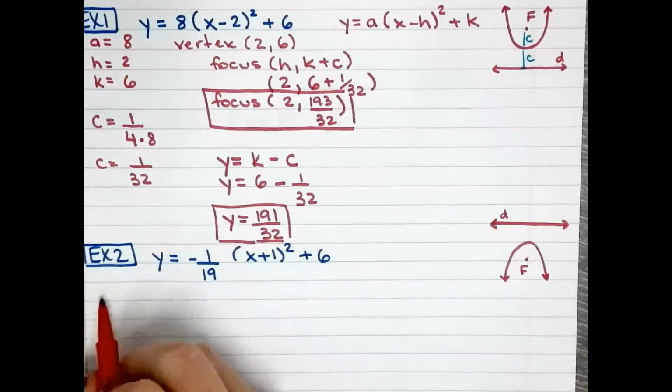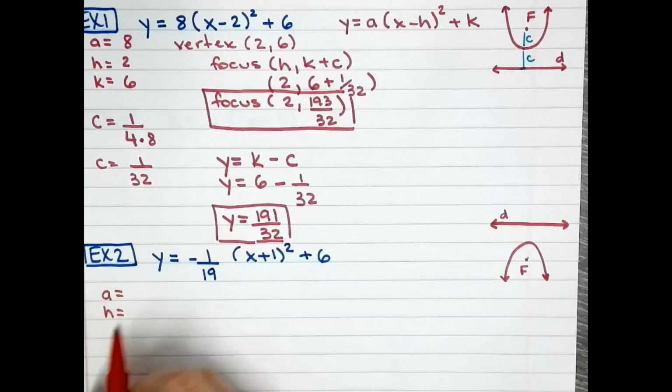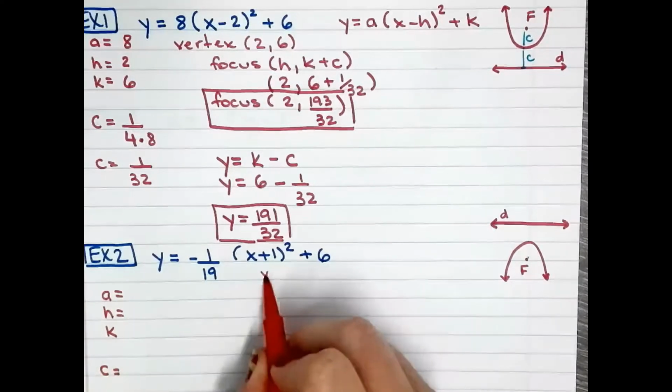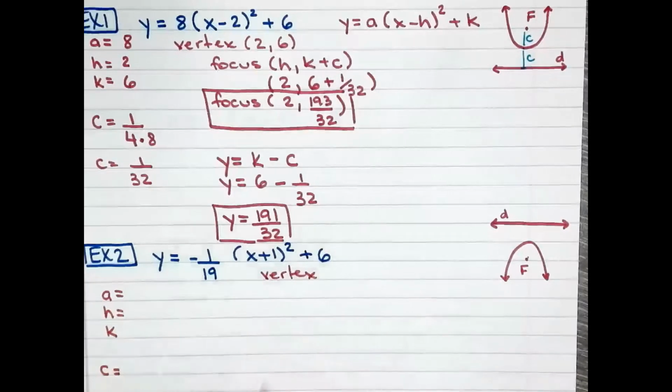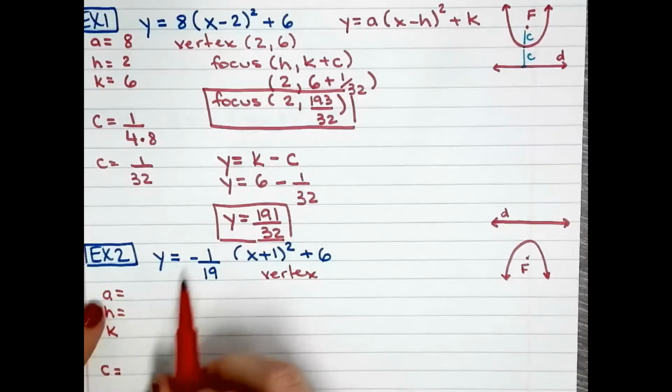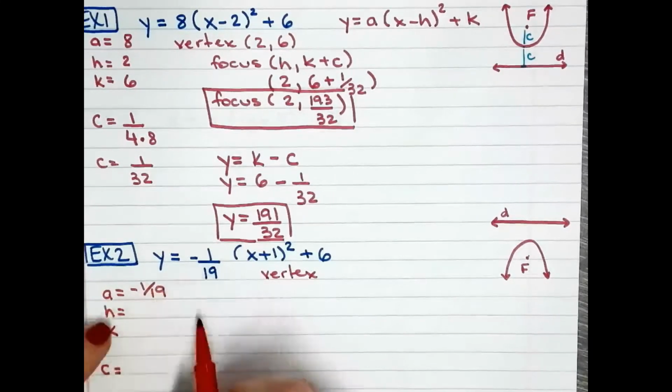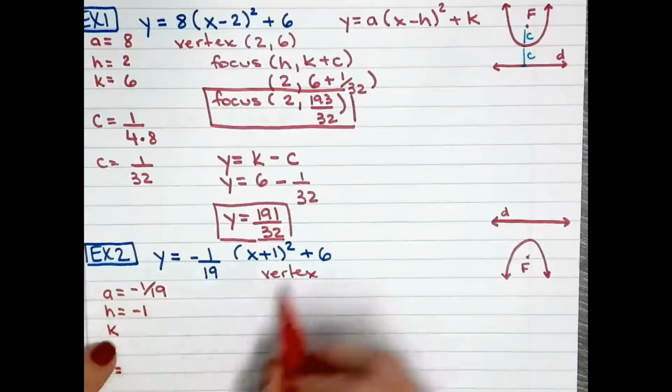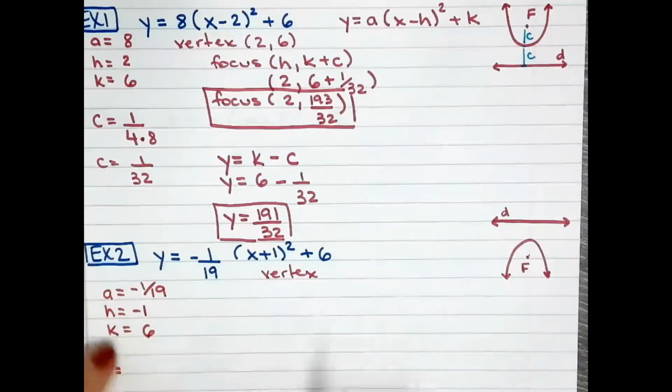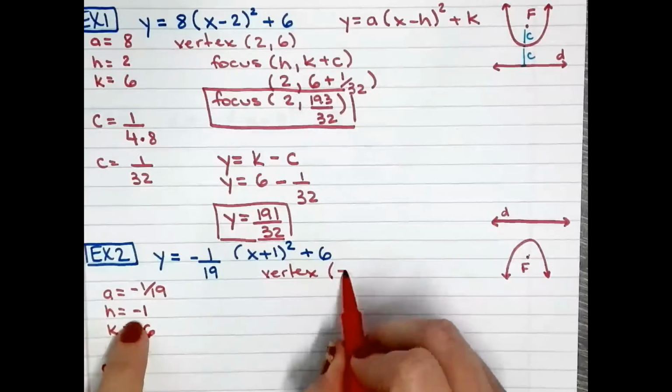Okay, so A, H, K. I will have to find C, and then I'll find the vertex. A is negative 1 over 19, H is negative 1, K is 6. The vertex is H and K, so negative 1, 6.